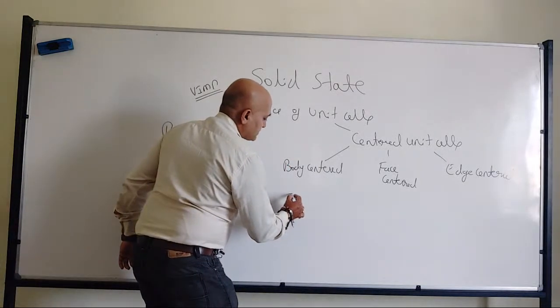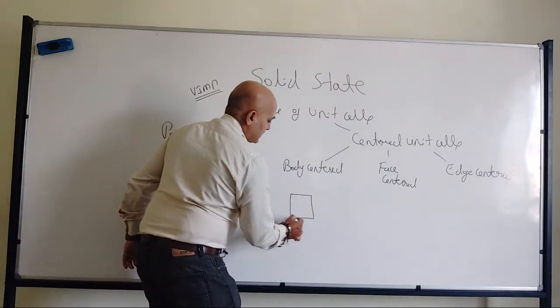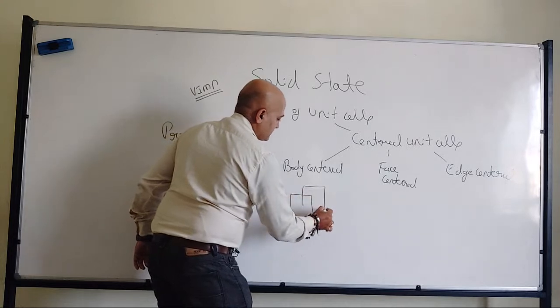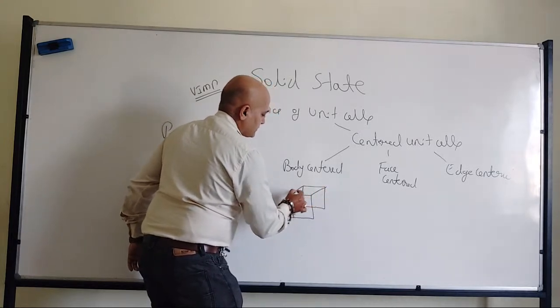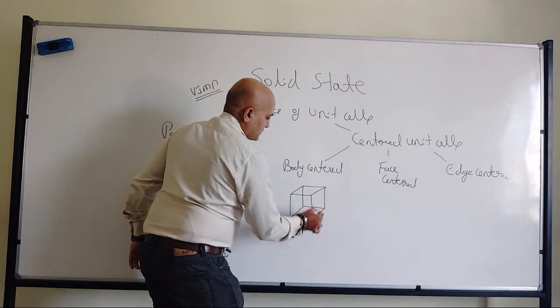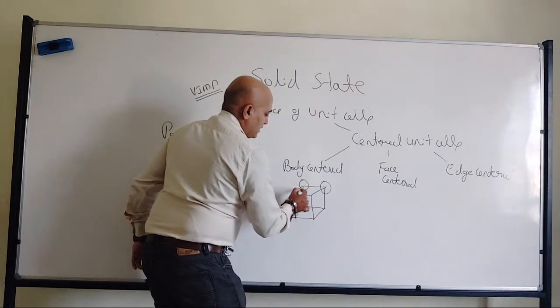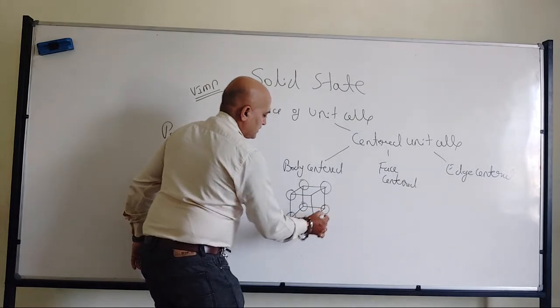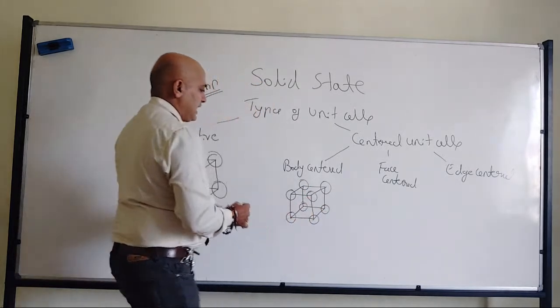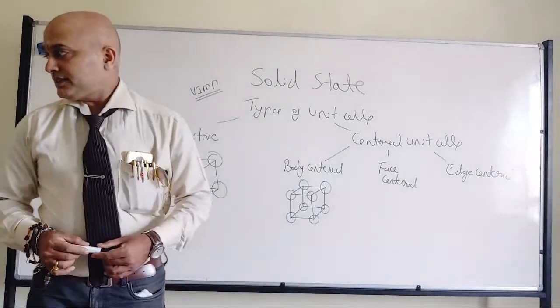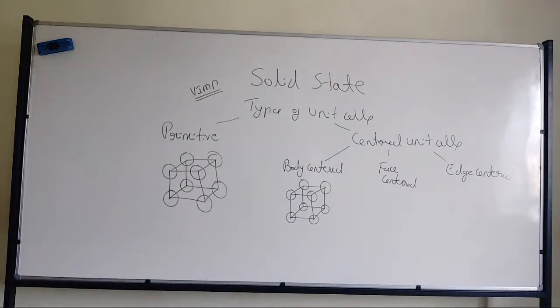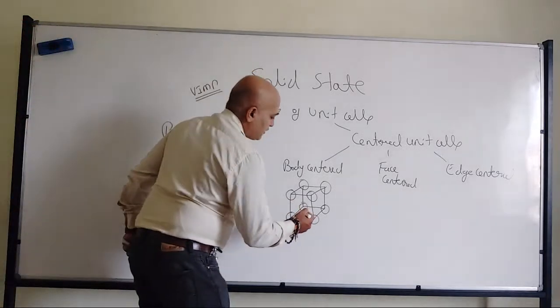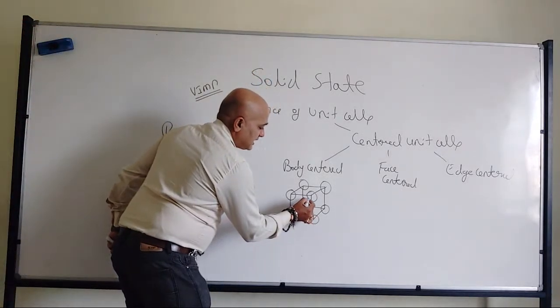If I want to represent body centered, I can write like this. There will be presence of corner atoms, along with that, there will be presence of an atom in the center of the cube.